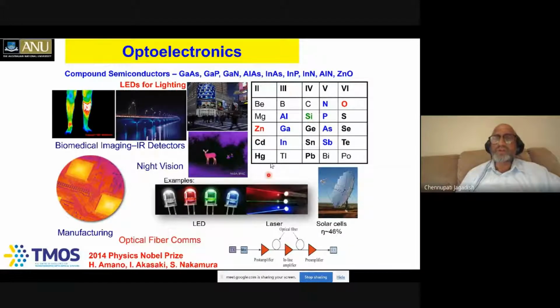But for light emission purposes, you need direct band gap semiconductors. That's where we end up using group III-V semiconductors from the periodic table: gallium arsenide, indium phosphide, gallium nitride, aluminum nitride, gallium antimonide. And these different materials have different band gaps. So that means they emit and also absorb different colors of light, for example.